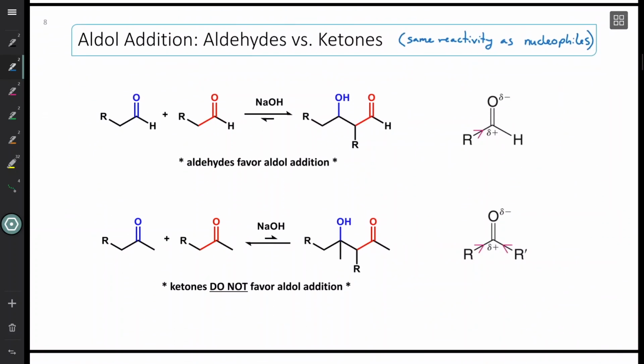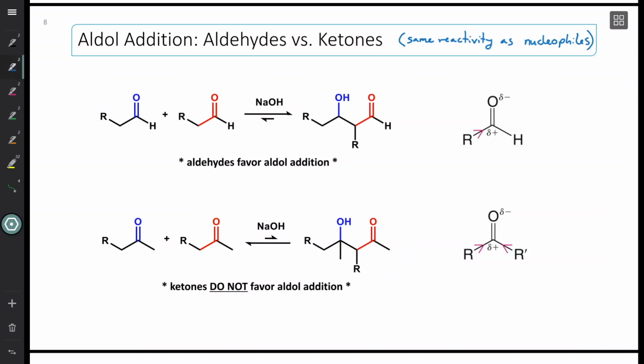Now, when we look at aldol reactions with aldehydes versus ketones, we see a pretty big difference. Aldehydes and ketones have very similar reactivities as nucleophiles, but aldehydes favor the aldol addition, whereas ketones do not. So with aldehydes, this will be easily formed, they're very reactive, but with ketones, it will be harder to form this product. Why?